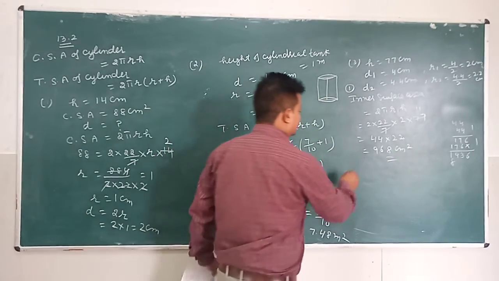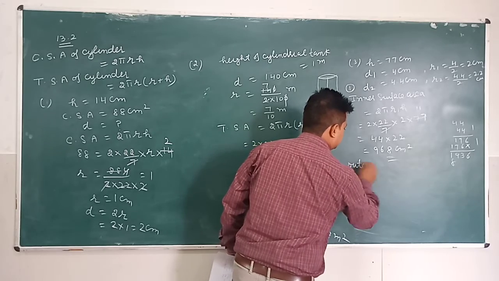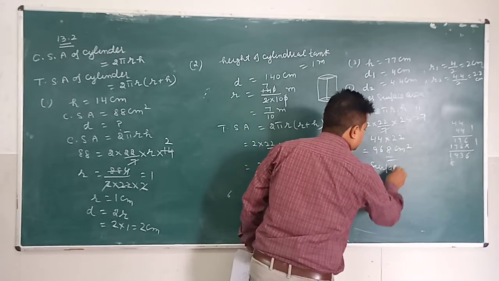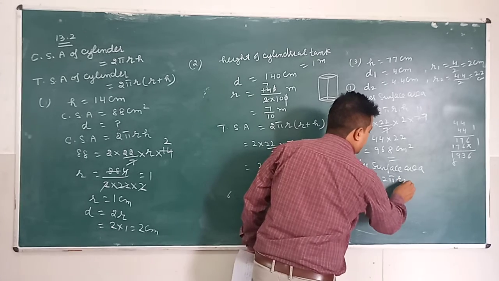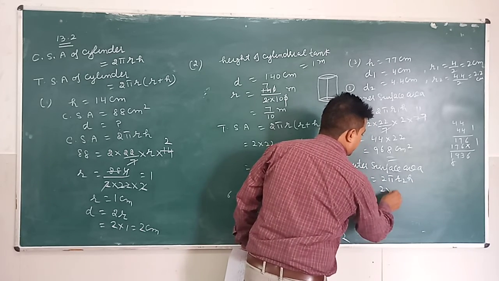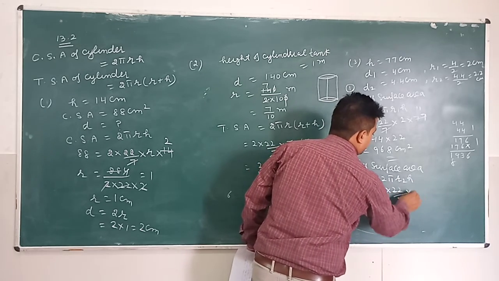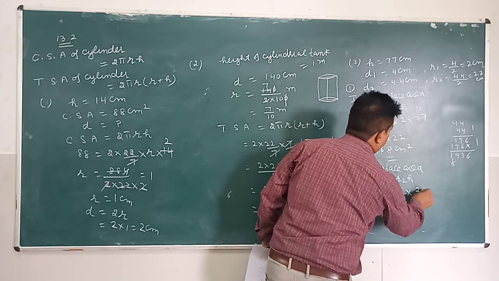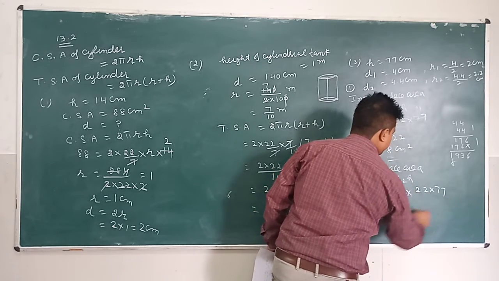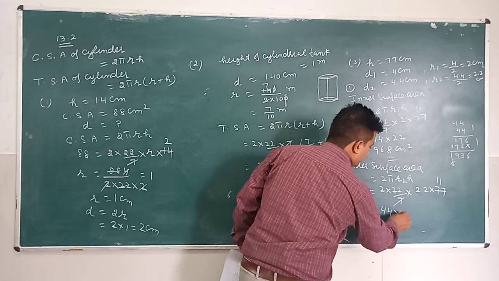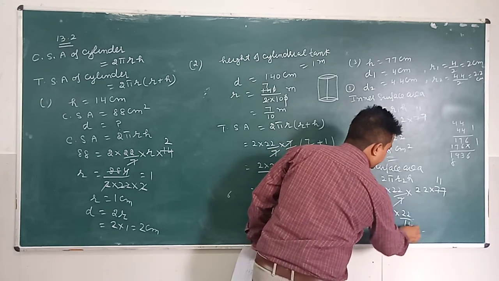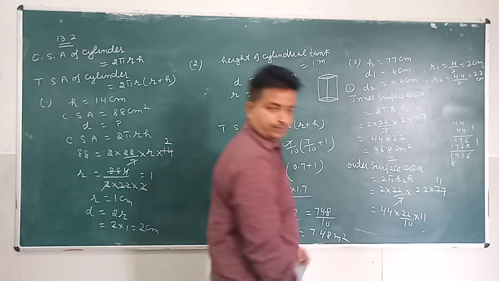And the second one is the outer surface area. Outer surface area is 2πr2h. π is 22 by 7, r2 is 2.2 and h is 77. This is 11. So this is 44 into 22 by 10 into 11.